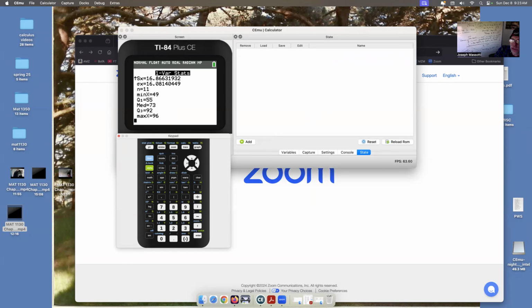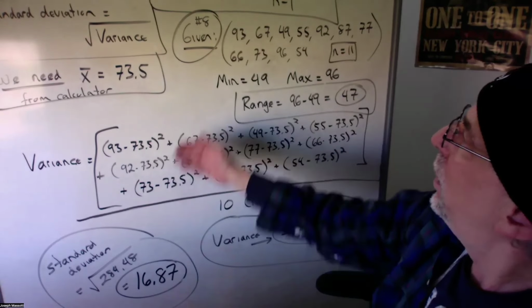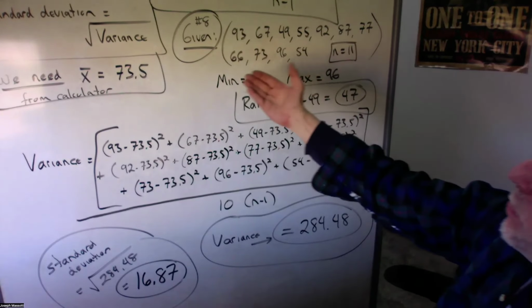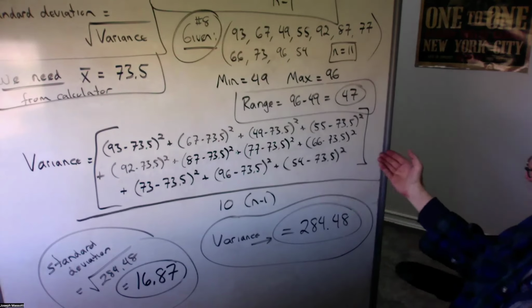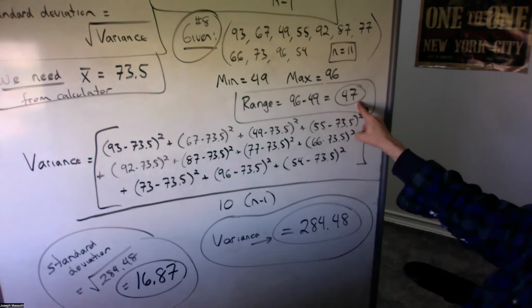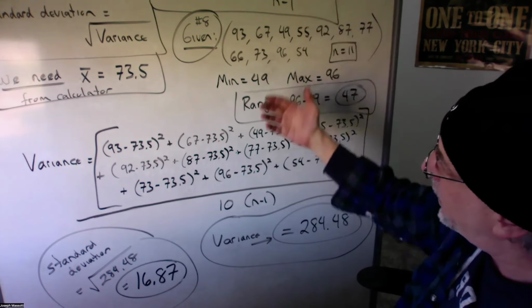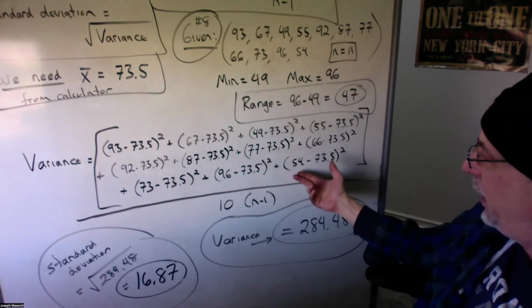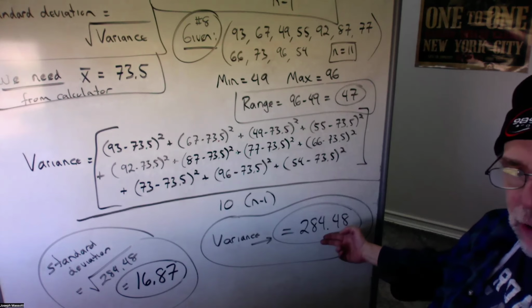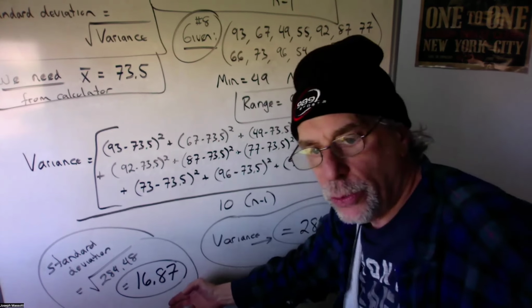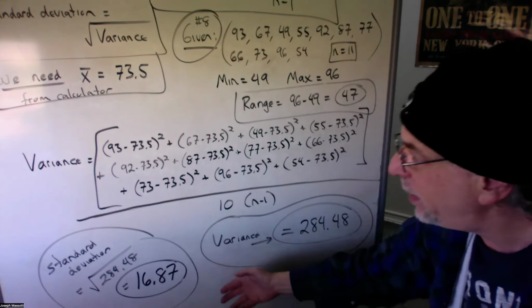So given a data set, you want to be able to find the range. You want to be able to find the standard deviation and variance. Remember, the variance has this formula. You can calculate it by hand and get the variance, and then take the square root to get the standard deviation.